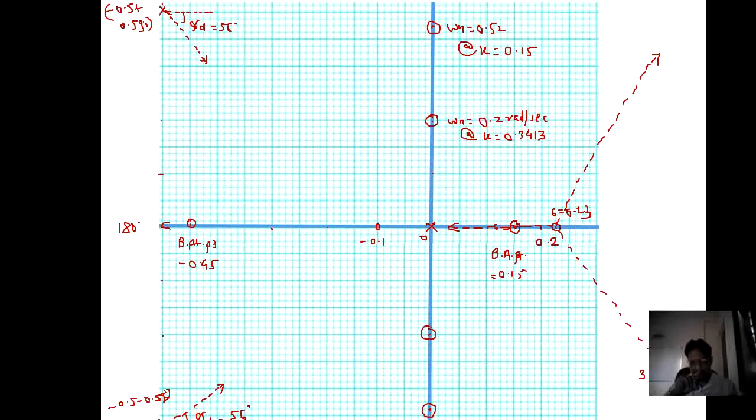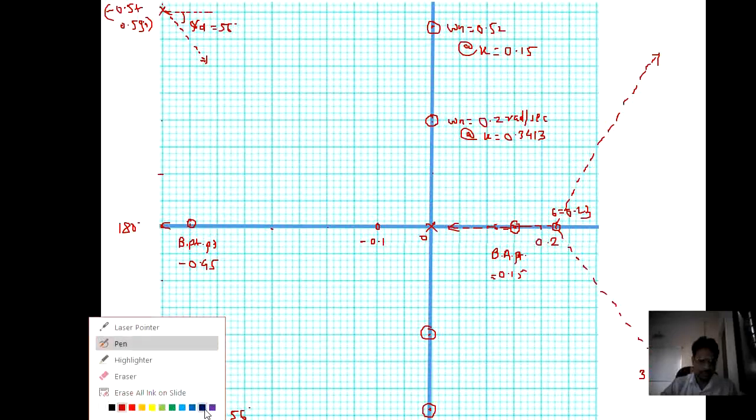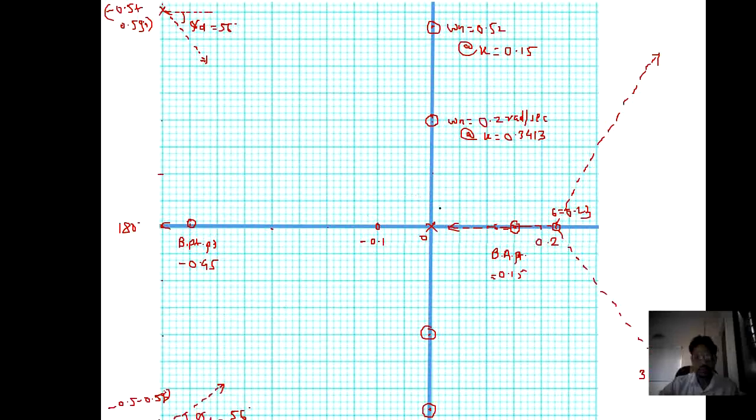So this is completely the construction part. Now we will draw the root locus, so I am changing the ink. Root locus always starts from a pole. This is the sigma axis, and this is a pole, and again this is a pole.